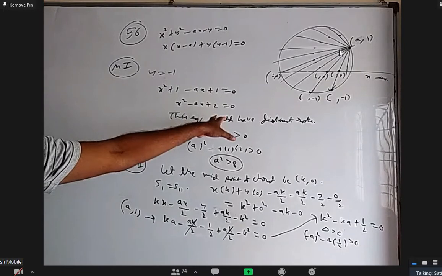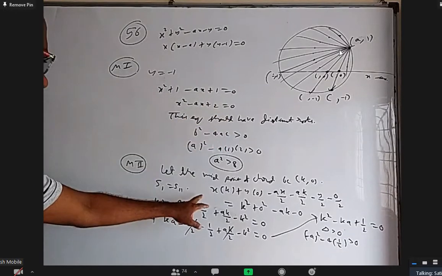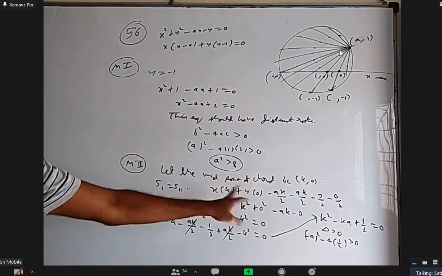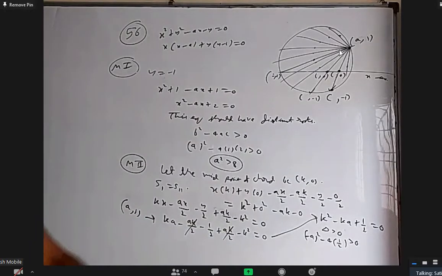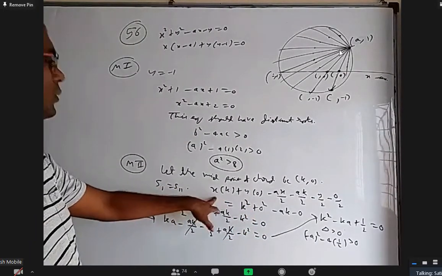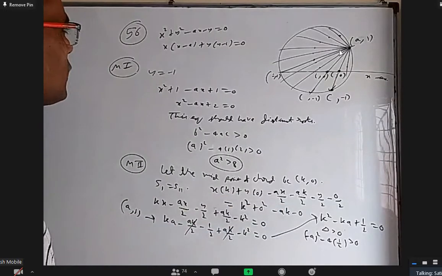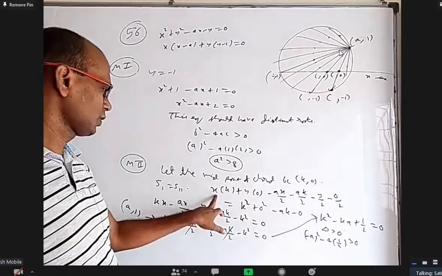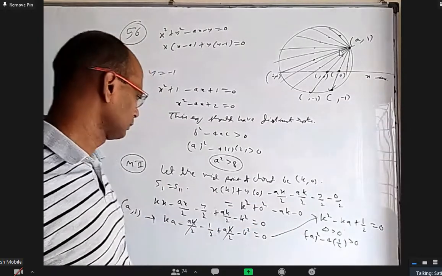Okay, first copy this, those who have not copied this part. This one I took the midpoint as k comma 0, S1 equals S1, S1 is good. X into k, y into k comma 1. So a here, b here.